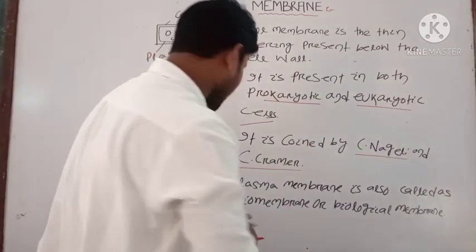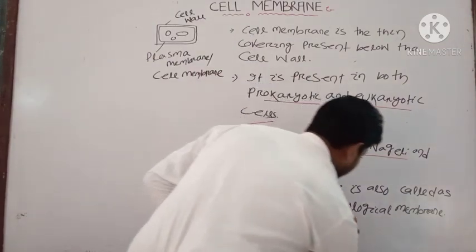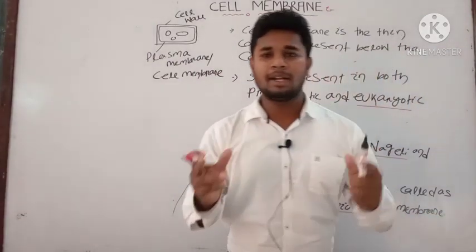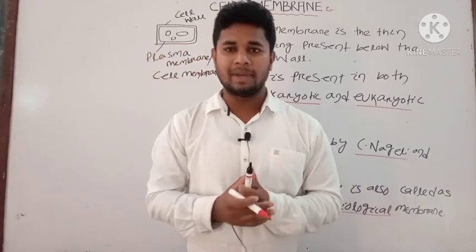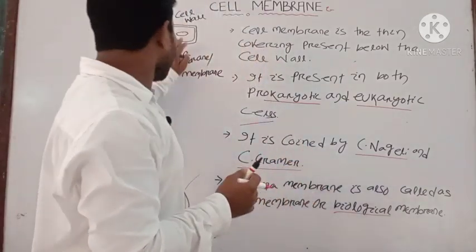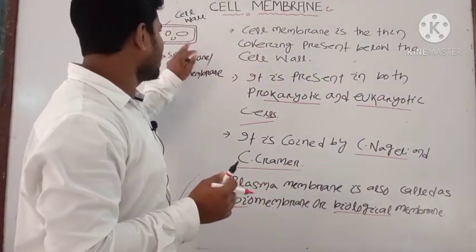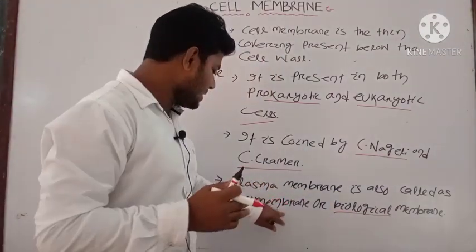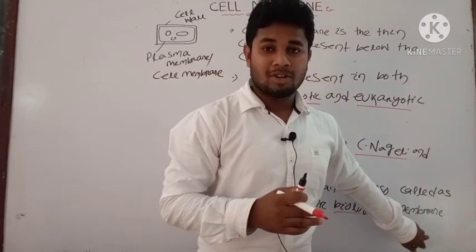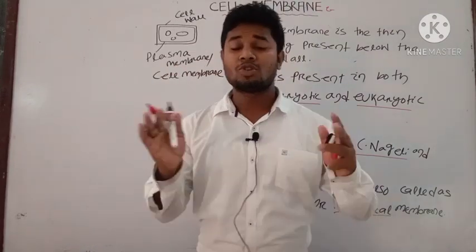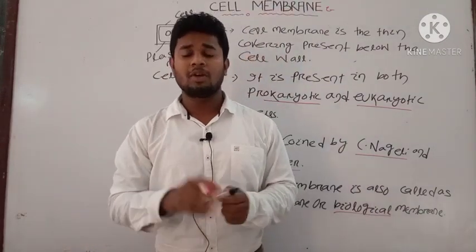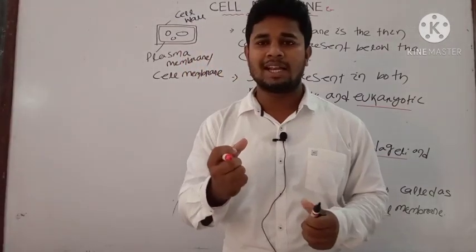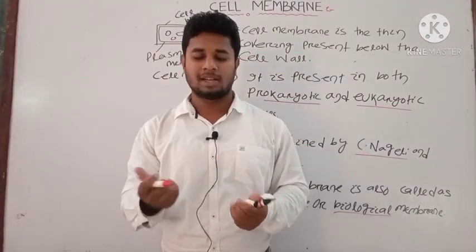What do you mean by bio and biological? Bio ultimately means it belongs to living things. As it contains the living components, you know that the plasma membrane is a living component. That's why it is also called biomembrane or biological membrane. It contains most of the living components, that is, cell organelles like mitochondria, chloroplast, etc.